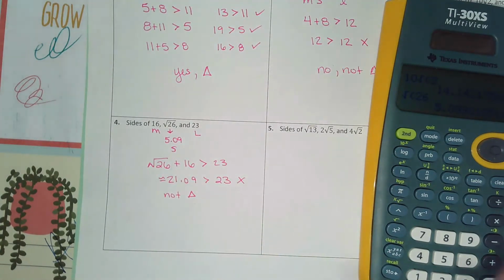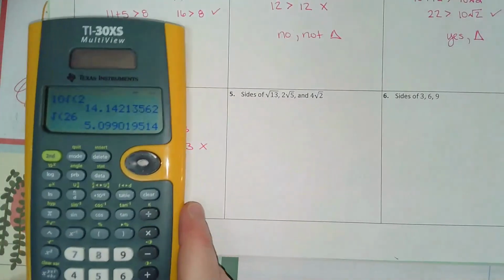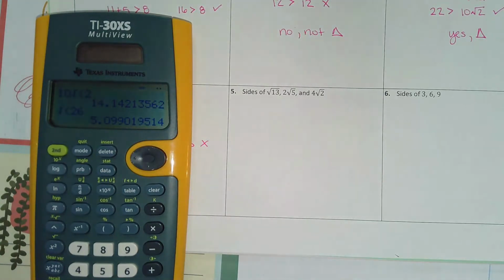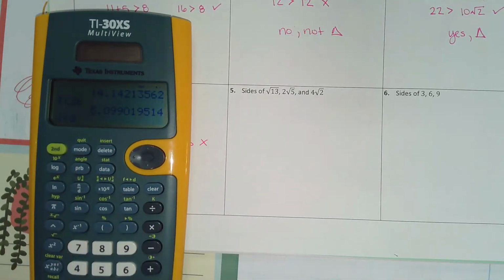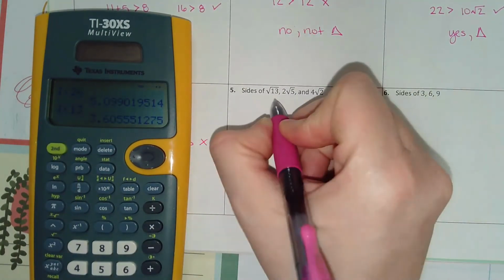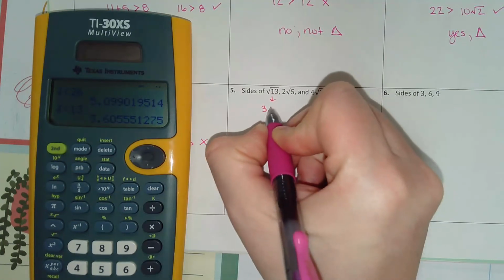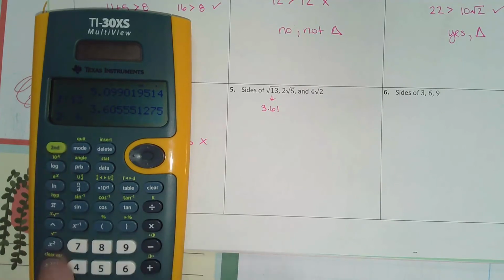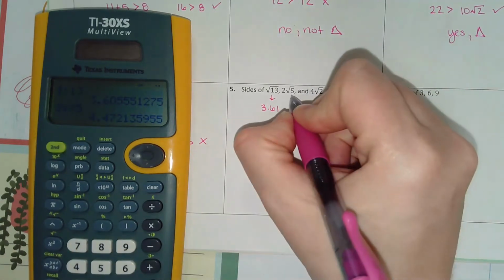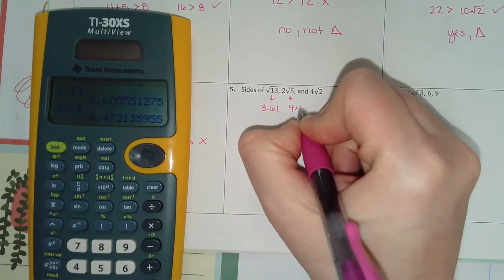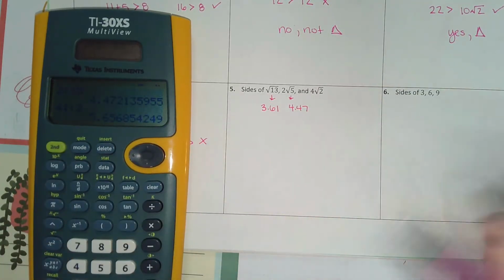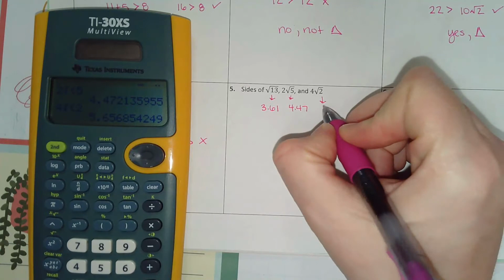Okay. Ooh, this one's even more complicated, more radicals. So I don't know any of these. So second square root 13 is approximately 3.61. 2 square root 5 is approximately 4.47. And 4 square root of 2 is roughly 5.66.